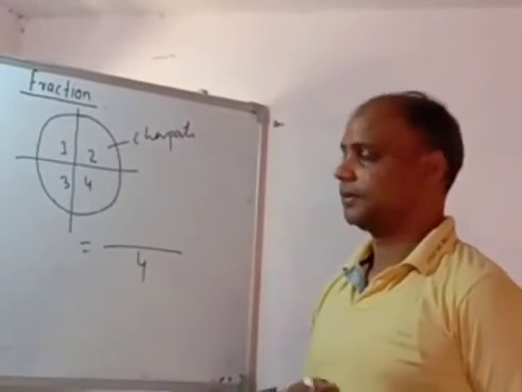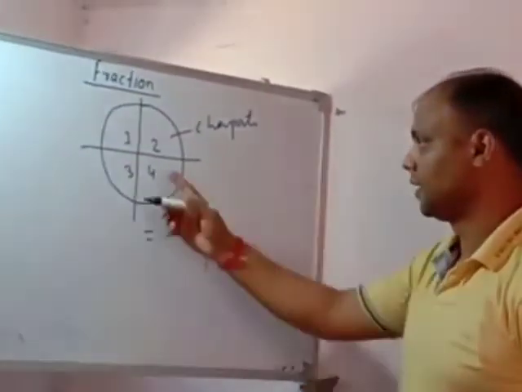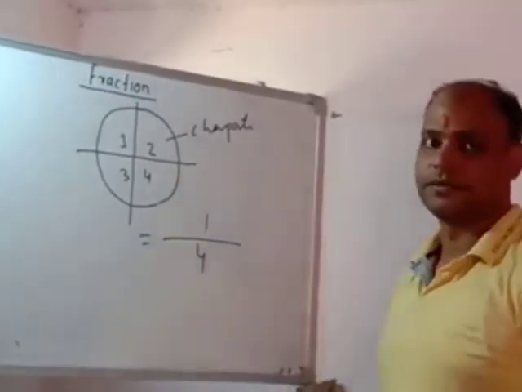If I want to give one part to one person, I write the fraction for that particular person as 1 by 4.